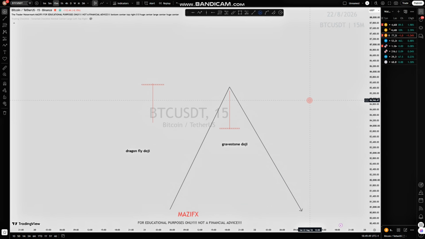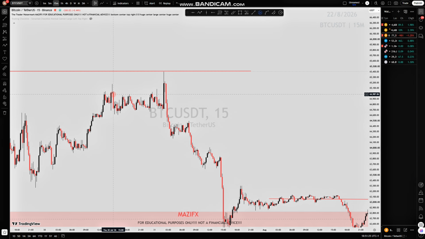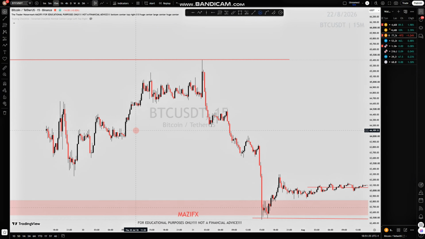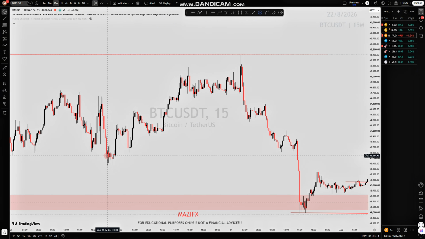So now let's look at examples of the Gravestone Doji and Dragonfly Doji. I can clearly see a Gravestone Doji here. That's a Gravestone Doji, not looking too obvious, but that's a Gravestone Doji. And it reversed price. Let's look for a bullish scenario.